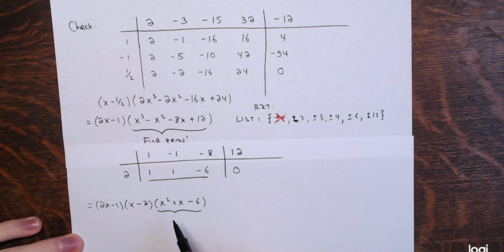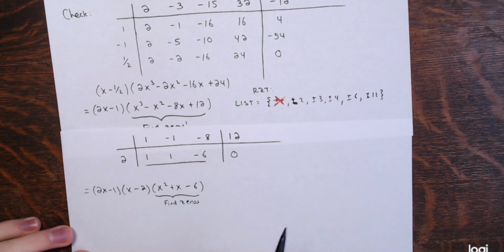Now you don't have to do the rational zero theorem anymore. But I am trying to find the zeros now of this degree 2 polynomial. You can use the quadratic formula or try factoring. And this one is factorable. So we have 2x minus 1 times x minus 2.